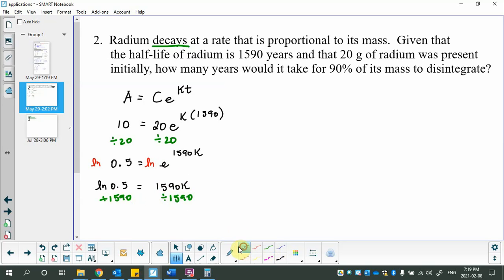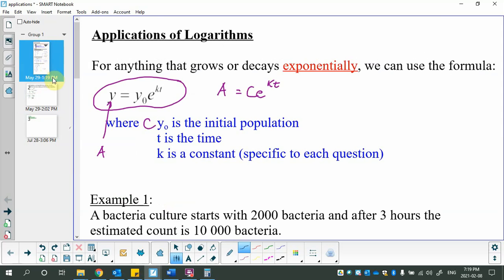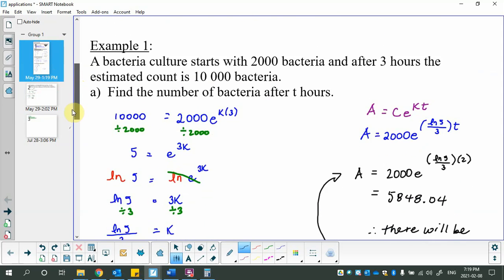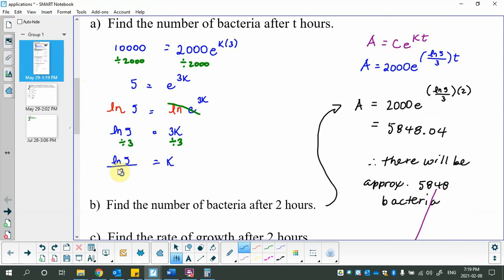And this is the same deal, but nastier numbers. The specific K for this question is ln 0.5 over 1,590. Now, how do you know that this is working out to be a decay, should be your question. So if I go back a question to find the K, I figured out that K was ln 5 divided by 3.